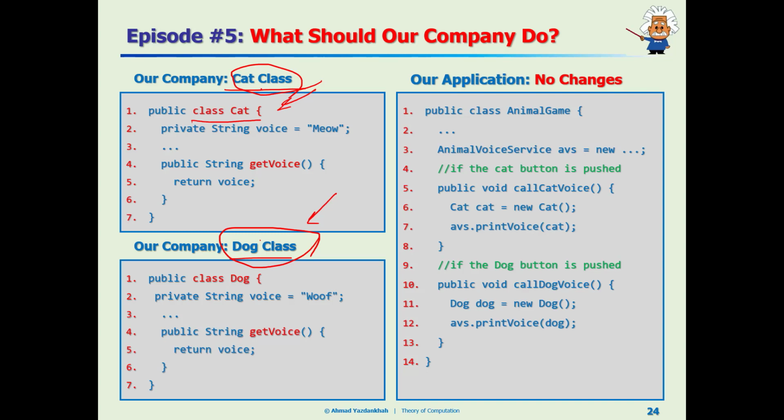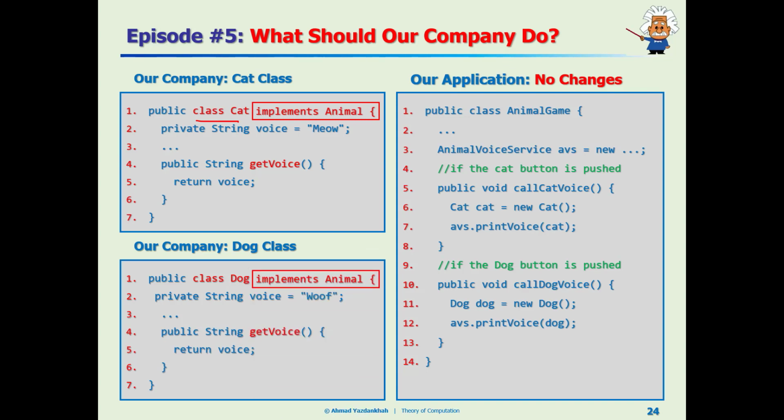It should implement that interface. If they implement it, then there is a relationship between this class and the animal interface, and then we are good. So in our part, we need to implement animal here and implement animal here. And this would be the end of episode 5.